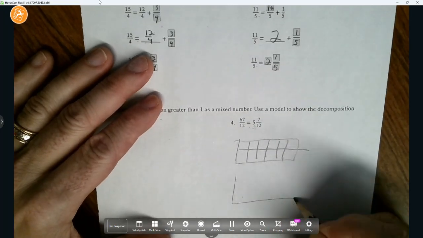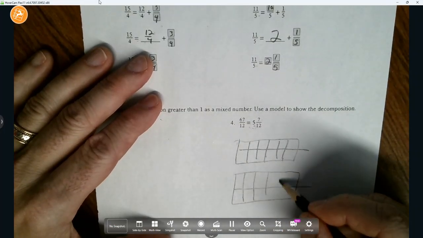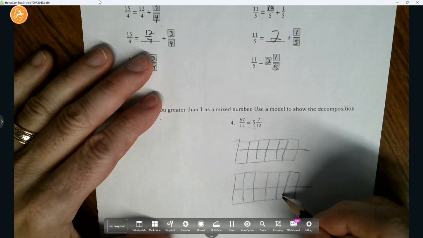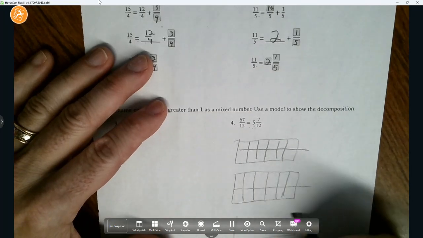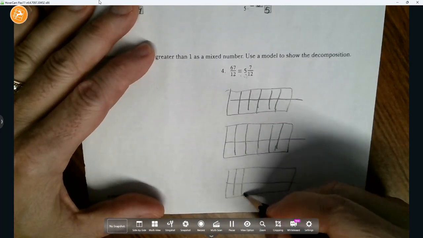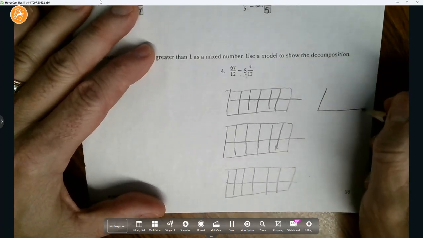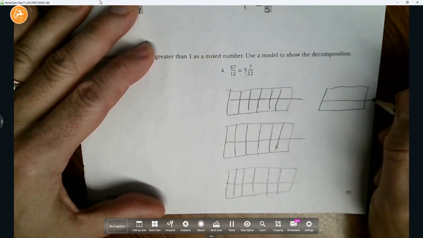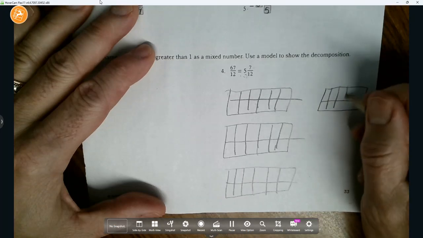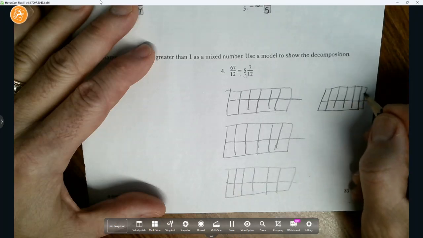So I'm going to need 6 of them. 2, 4, 6, 8, 12. Oops, a little off. 2, 4, 6, 8, 12. And I know 1, 2, 3, 4, 5, 6 times 2.